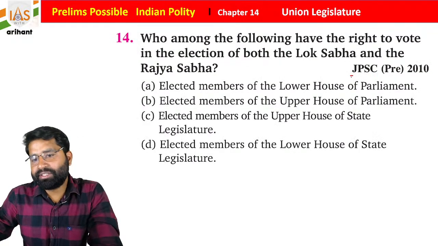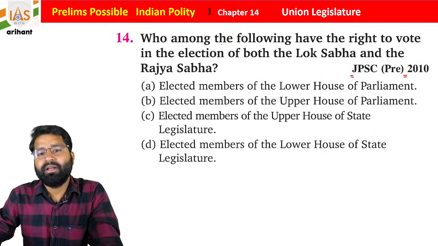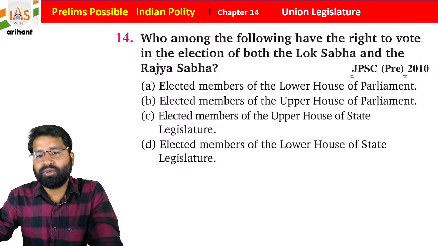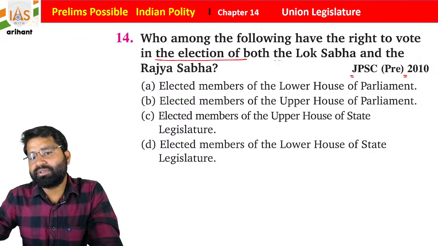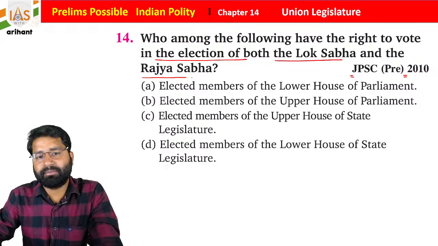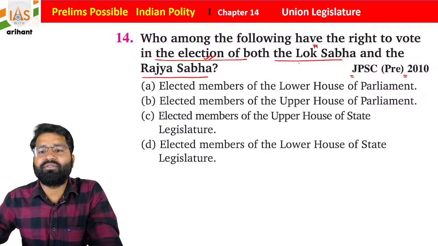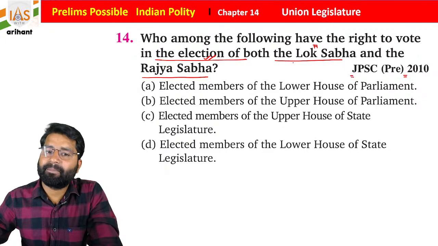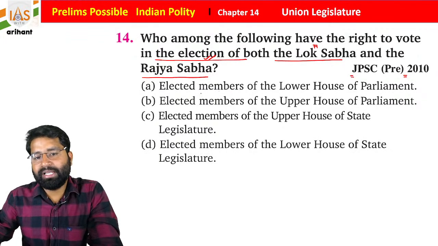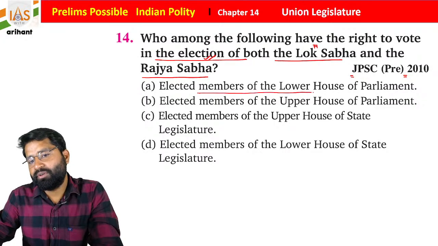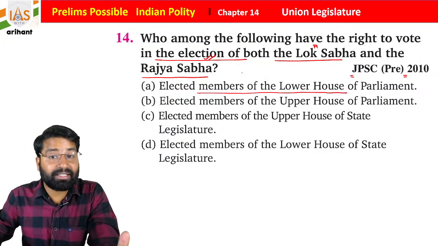Now in the JPSC year 2010, who among the following have the right to vote in the election of both the Lok Sabha and the Rajya Sabha members? Read it carefully.